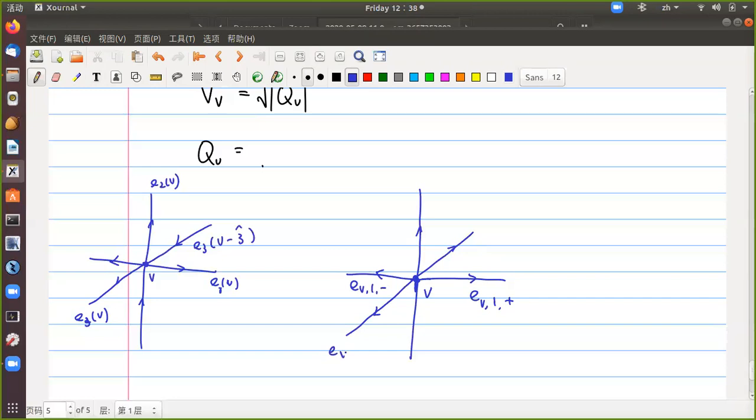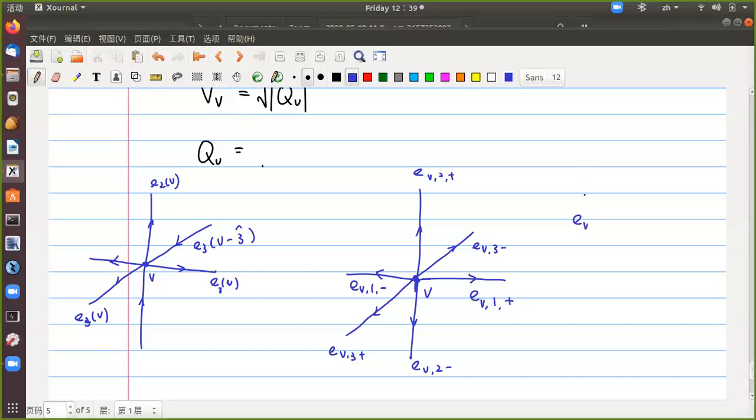Similarly, here this is E V3 plus, and this is E V3 minus, and this is E2 plus, E2 minus. Okay, so all the edges labeled in this system will be outgoing from the vertex V, where plus means outgoing in the plus direction, and minus means outgoing in the minus direction.